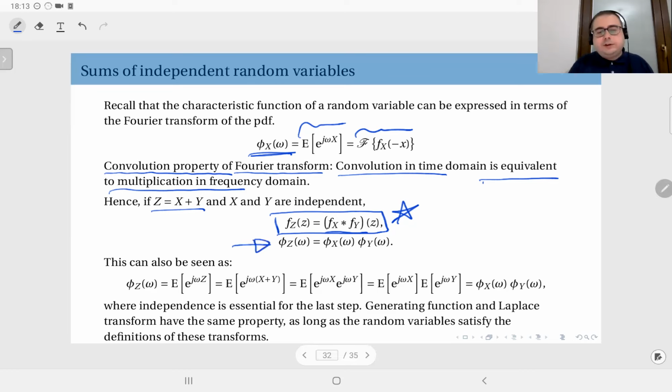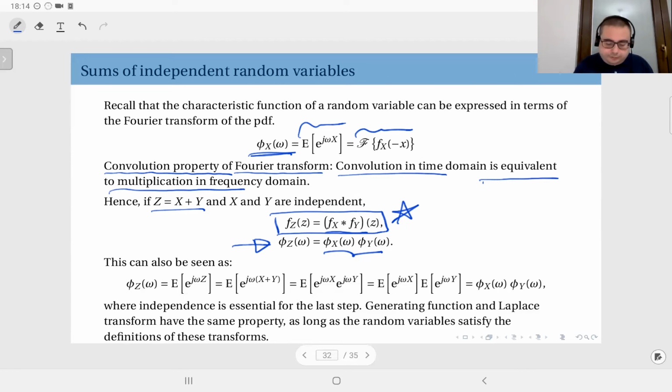The characteristic function of z, which is x plus y, equals the product of the characteristic functions of x and y, okay? This is why this makes our life so much easier. If you know the characteristic function or a similar transform of these random variables x and y, which are independent, then you can obtain the characteristic function of their sum very easily. Just multiply them, you get the characteristic function of their sum.